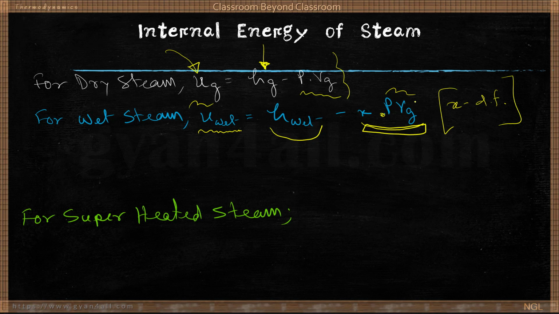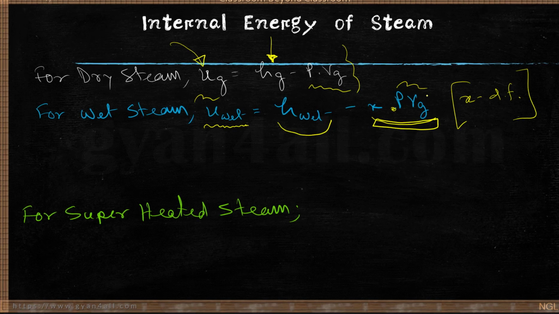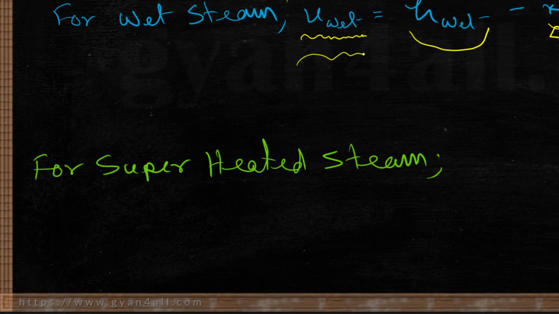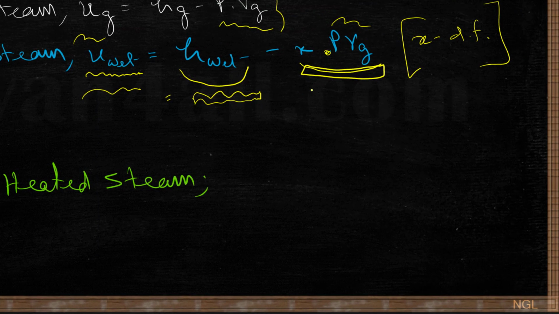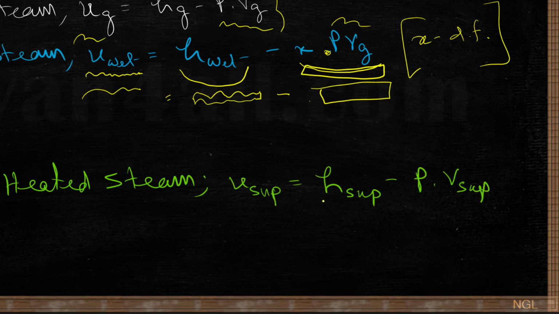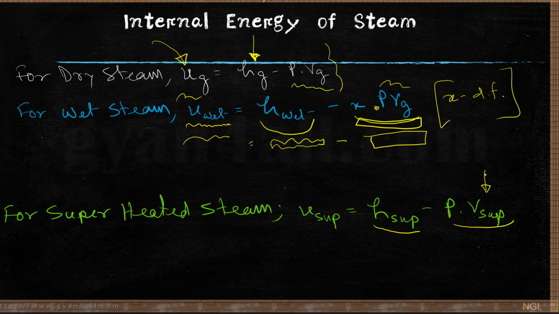Superheated steam: if the steam is superheated, the relation will be the same. The internal energy of superheated steam is equal to the enthalpy of superheated steam, which we already know, minus the work done by the superheated steam. That is, enthalpy of superheated steam minus P into V sup, the specific volume of superheated steam.